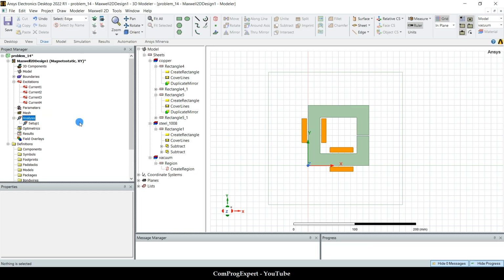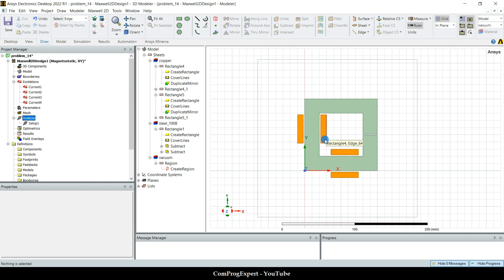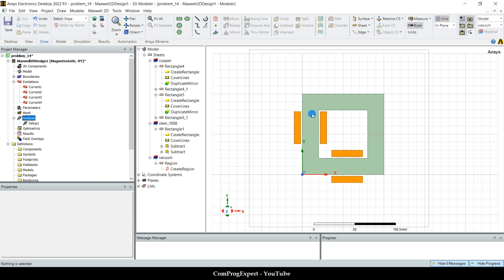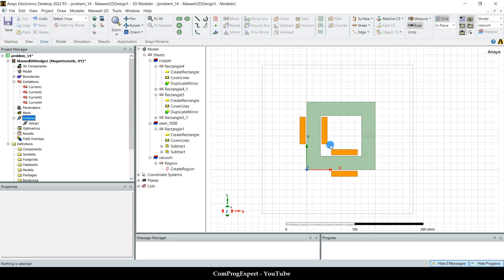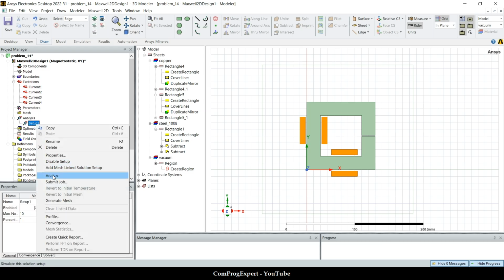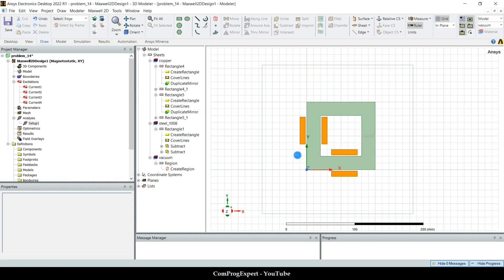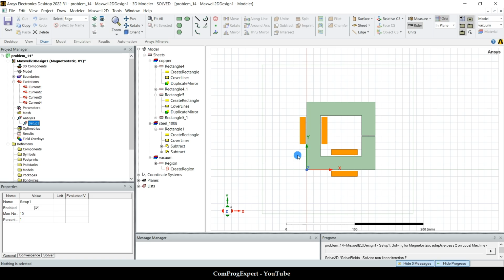Okay. We can solve the problem and calculate the level of the flux density in the air gap and in the core, and also we can calculate the inductance of the phase A and B. So let's analyze the problem.